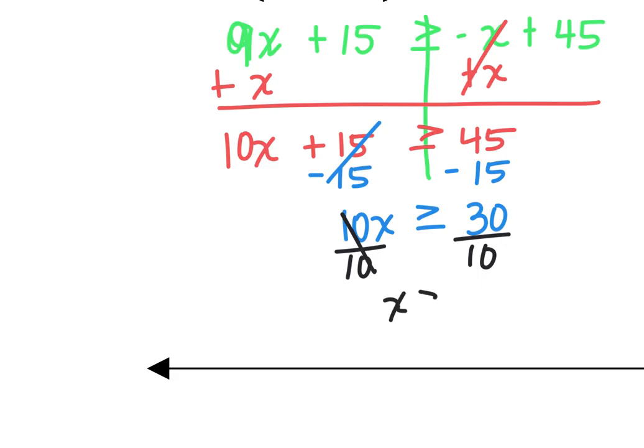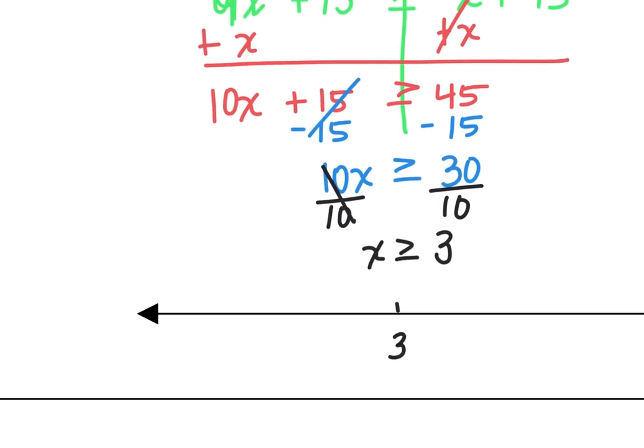And I get x is greater than or equal to 3. So I make my number line with that 3 in the middle. On 3, I'm going to have a closed circle, and I'm going to shade to the right.